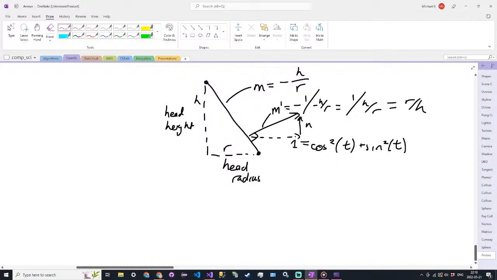And we can find this value n, because m prime is equal to n over 1, so m prime is just n. So n is equal to r over h. And that's the y coordinate.